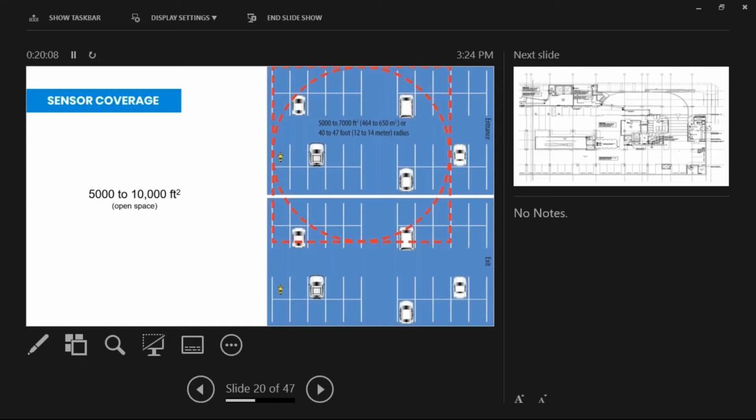So in an underground parking space, parking garage, that can go as high as 10,000 square feet or a radius of 50 feet.